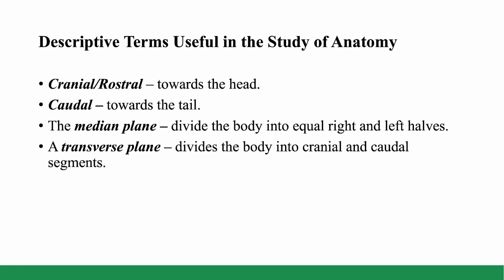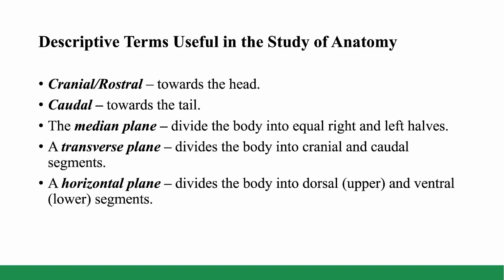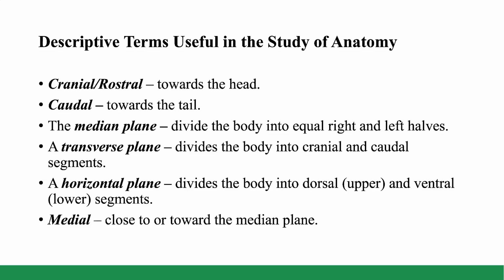And then we have the transverse plane, where you divide towards the head and towards the tail, the cranial and the caudal segments. Okay, that means it's 90 degrees with the median plane. And then you have the horizontal plane, which divides the body into dorsal, or the upper, and ventral, the lower segments.